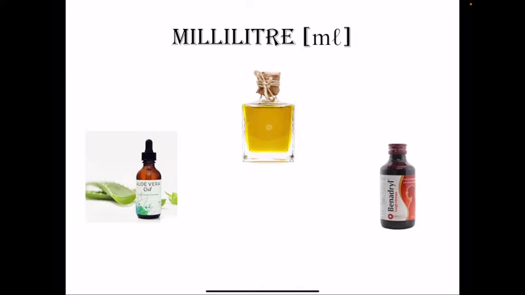Okay, so smaller liquids, smaller capacities are measured in milliliters. Like a bottle of perfume, it is 30 ml, that means its capacity is 30 milliliters. Here this bottle of, you can see, essential oils. So like 100 milliliters or 150 milliliters or 20 milliliters, like this. So the smaller capacities are measured in milliliters.